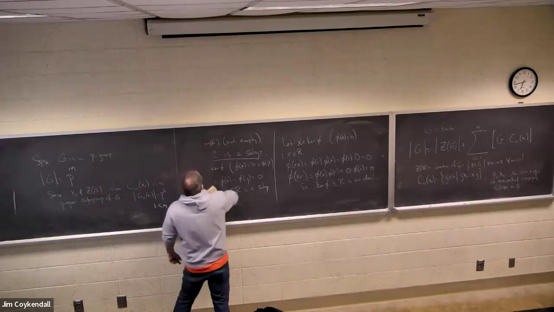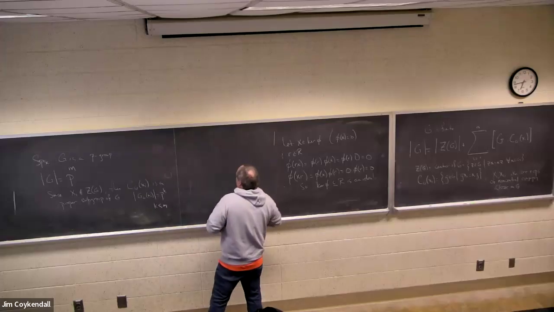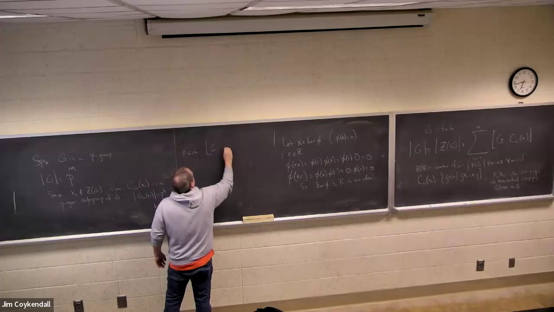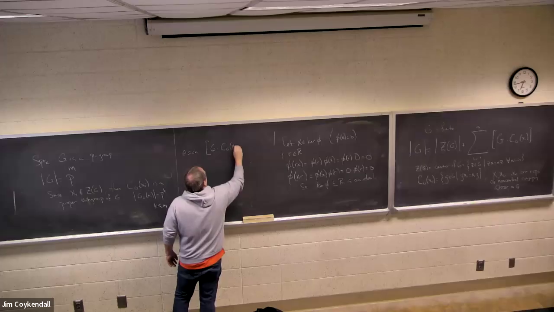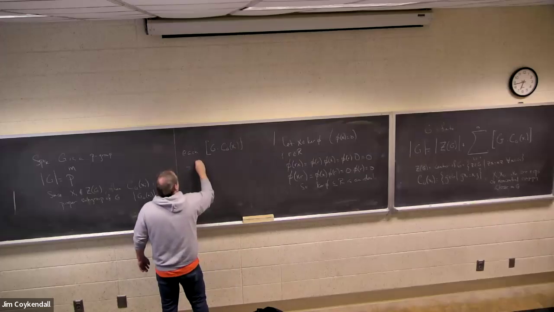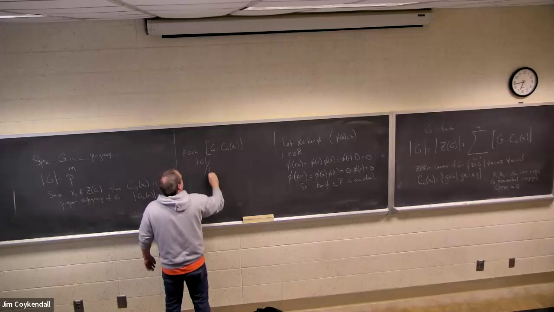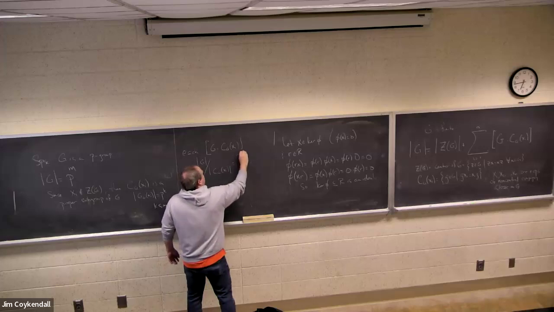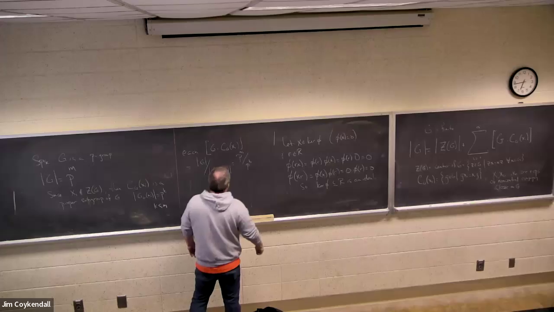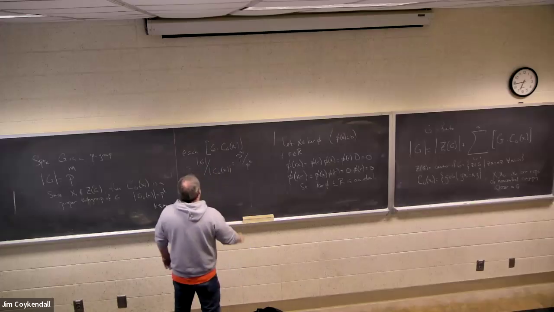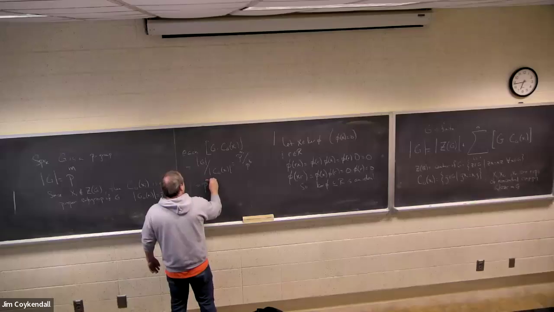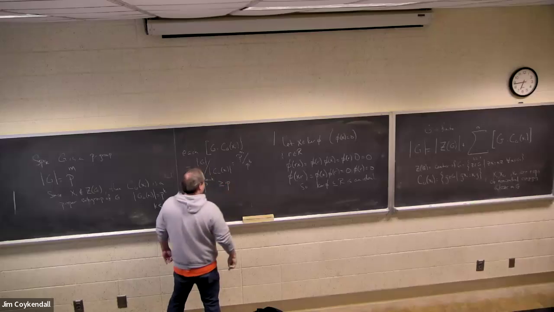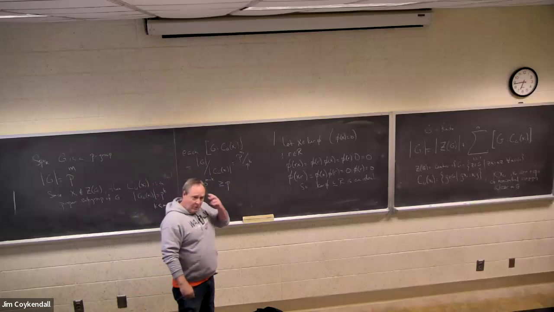Therefore, each one of these things, which is the order of G over the order of the centralizer, is equal to p to the n minus k, which is a positive power of p.